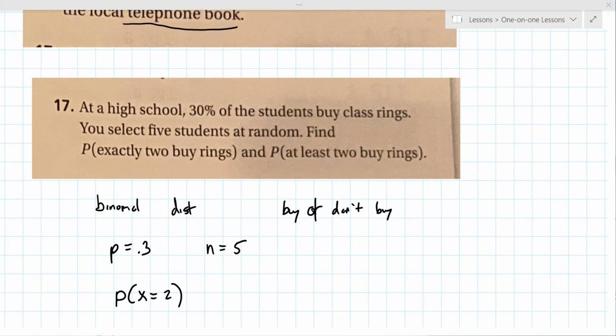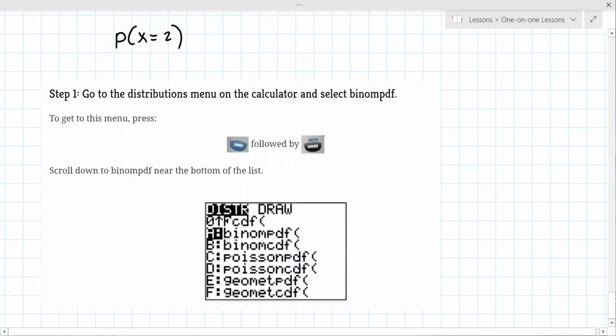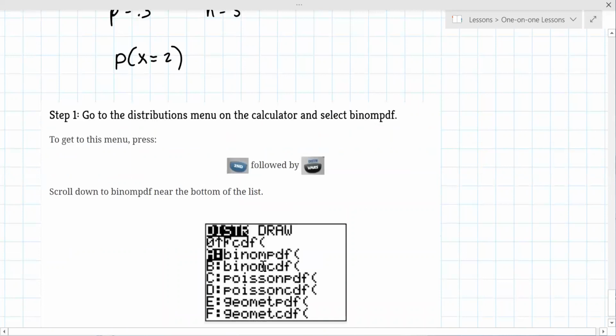So it is second vars. So there's 2 of them. You go second vars, and in this case you want PDF, and I'll explain in a moment why you want PDF.